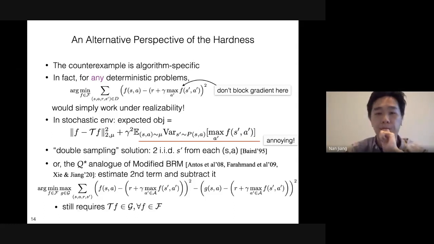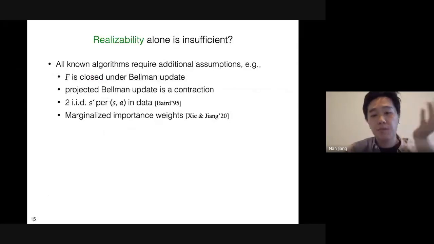Okay, so basically this suggests that it is not enough to just have realizability, right? All the known algorithms that we have seen so far require some additional representation assumptions in order to give you a polynomial sample complexity guarantee.